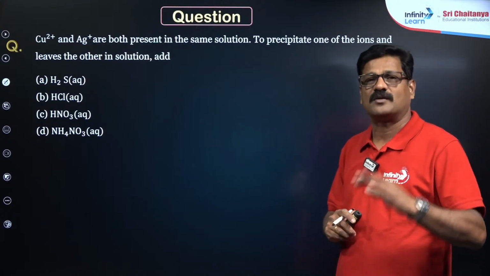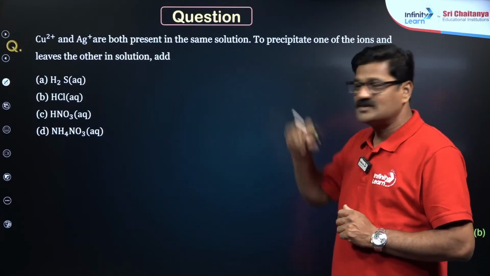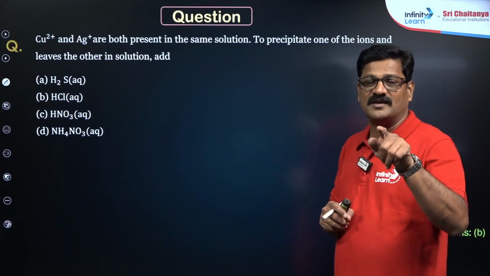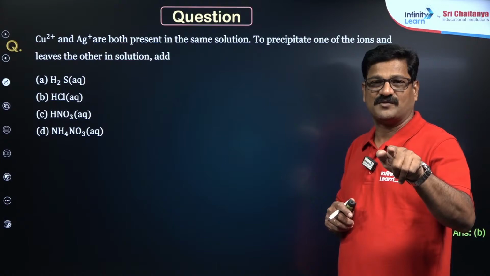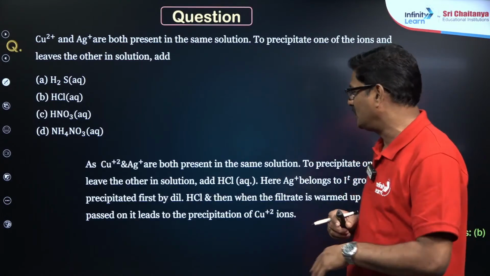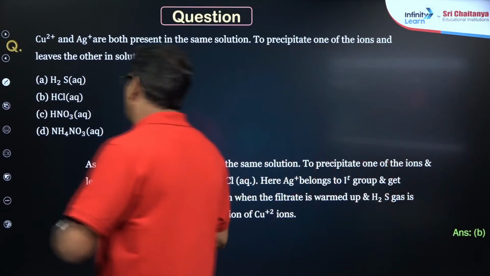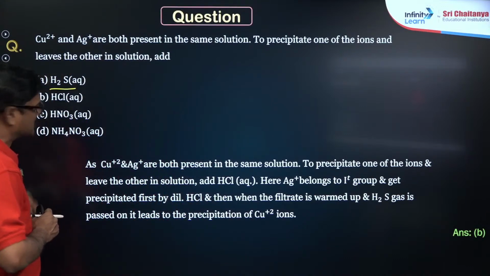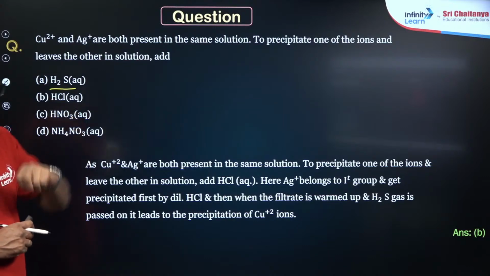So you can say here, if you add HCl, copper is going to react with HCl, copper chloride is formed. Silver is going to react with HCl, giving silver chloride, a white precipitate, but not with copper chloride. With H2S, copper and silver give copper sulfide precipitate and silver sulfide precipitate.